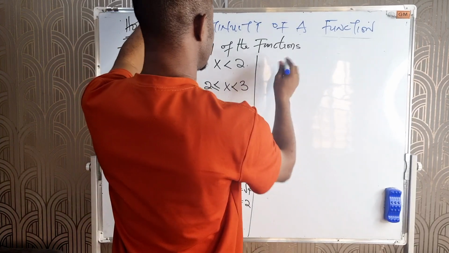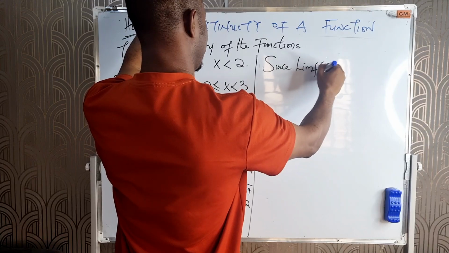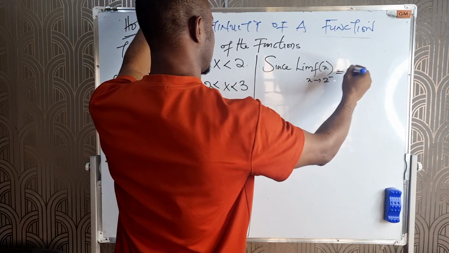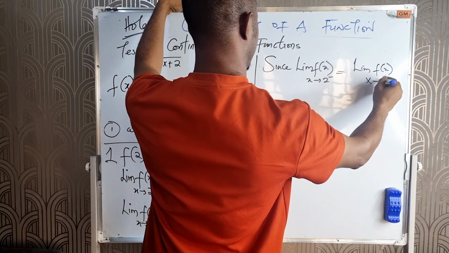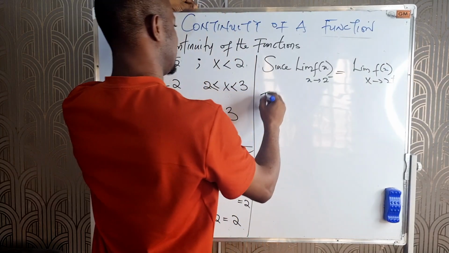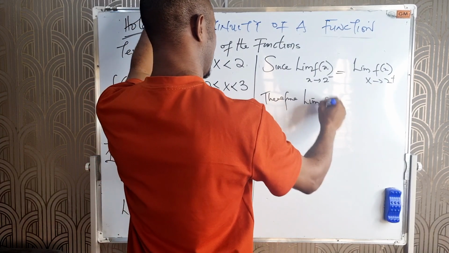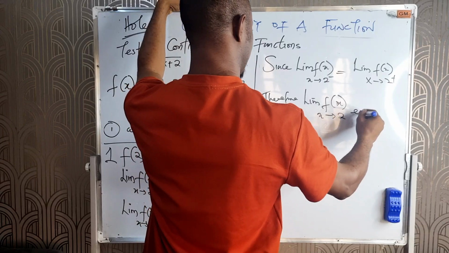Since the limit of f of x as x approaches 2 on the left hand side equals the limit of f of x as x approaches 2 on the right hand side, therefore the limit of f of x as x approaches 2 exists.